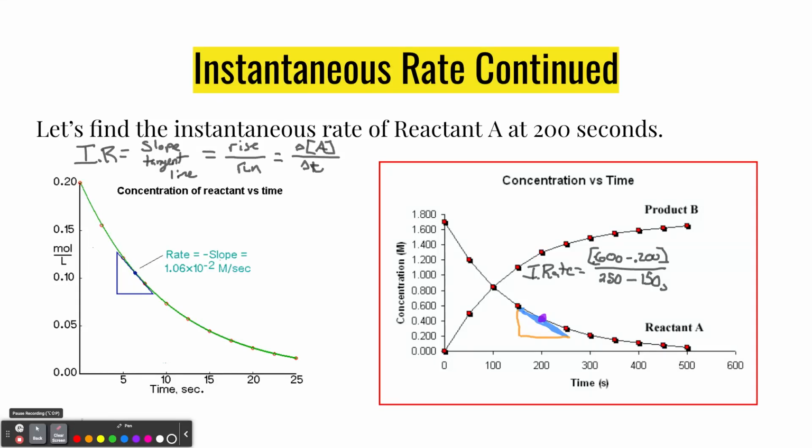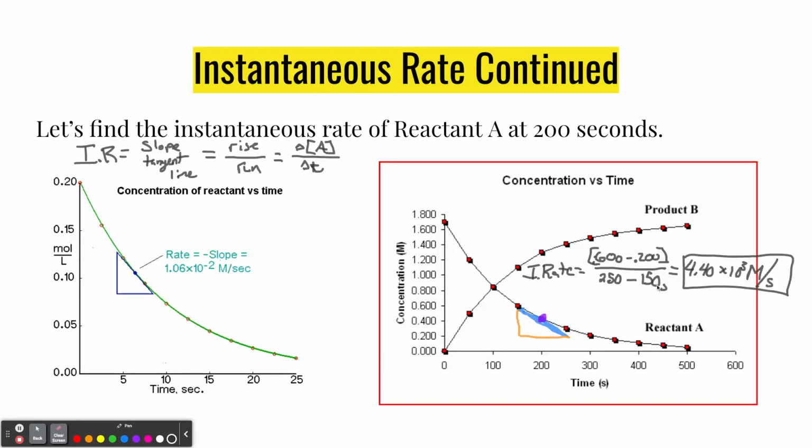When I enter this in my calculator, I get 4.40 times 10 to the third, capital M for molarity. And then the bottom is with respect to time, so seconds. So my instantaneous rate at 200 seconds is 4.40 times 10 to the third molar per second. And I will put that there.